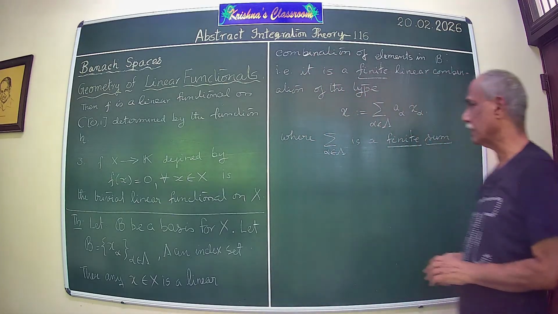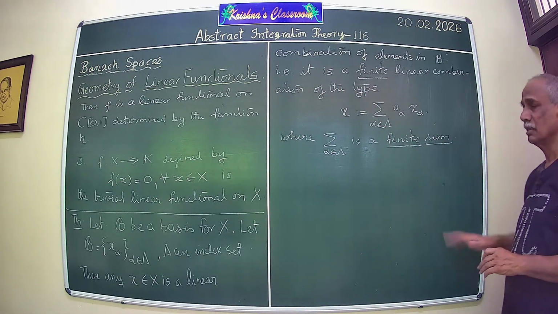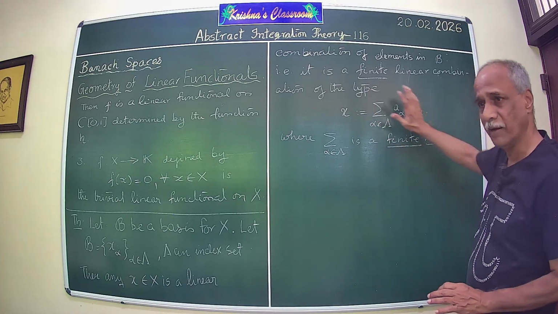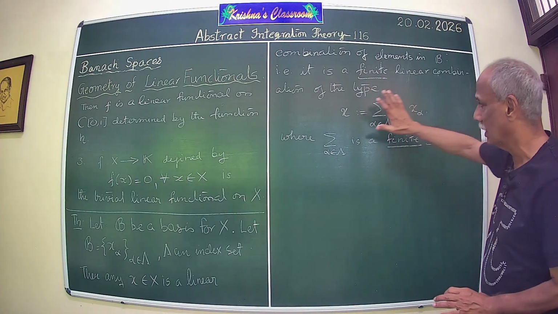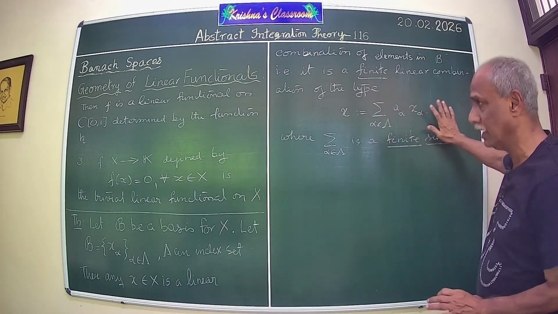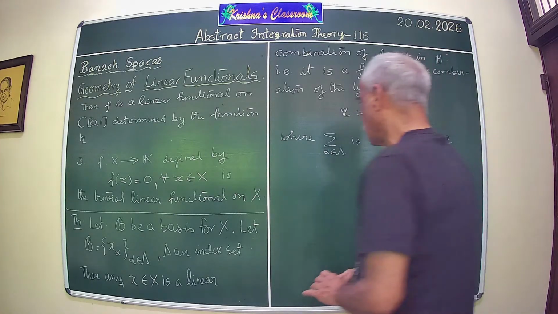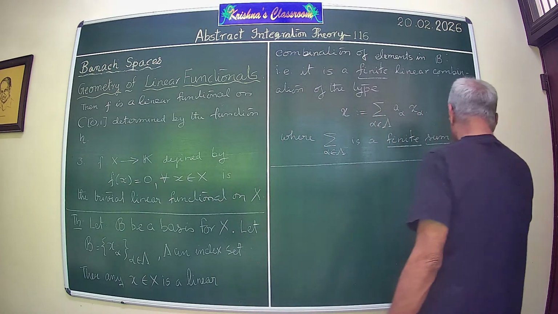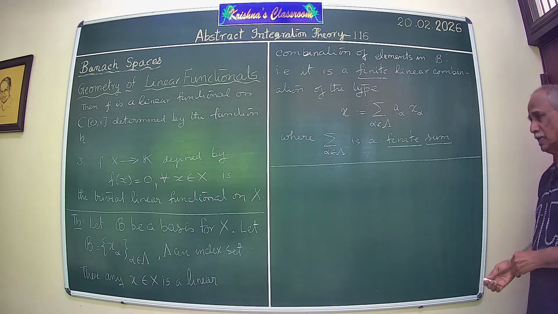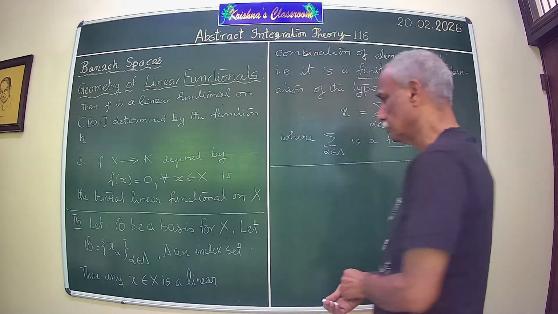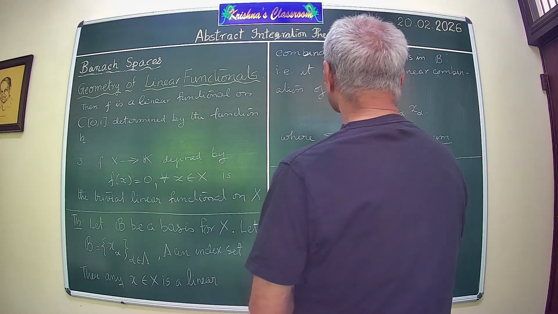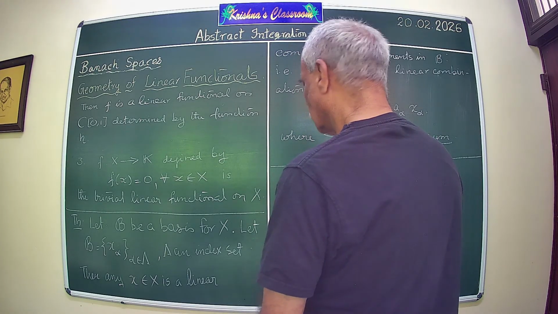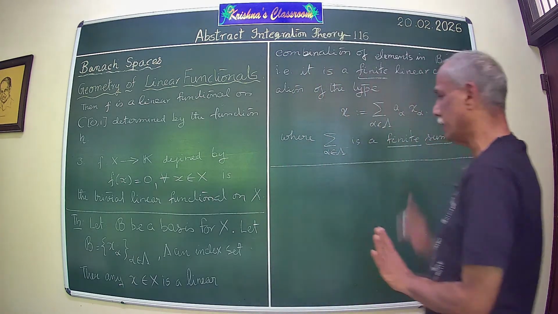So we shall, for the time being, avoid that and just write it's a finite sum. There is no problem. Finite sums are well defined. Finite sums of vectors are well defined in a vector space. So that's a comment I want you to clearly understand. Okay, now this is quite easy to understand.